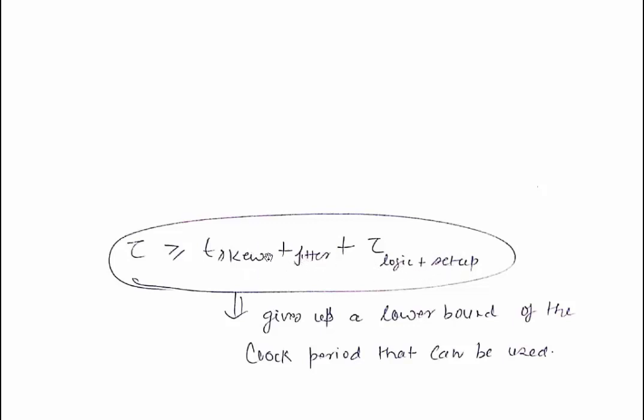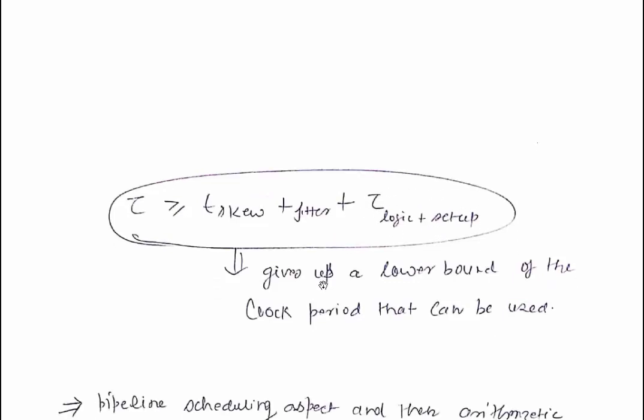So T skew plus jitter is one term and T logic plus setup is another term. This gives us the lower bound of the clock period that can be used, and the designer must design the clock in such a way that skew, jitter, logic and setup can be minimized.